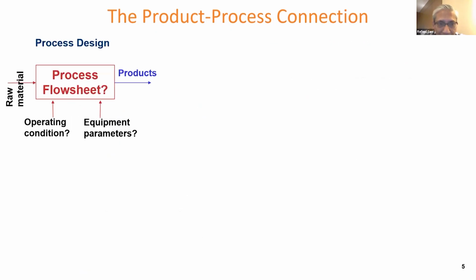With that definition, I will try to show briefly what is the connection between process design and product design. As we know very well, in process design, we take raw materials and convert them to the product that we need. And in order to do that, we have to design the process flow sheet, including the operating conditions and equipment parameters.